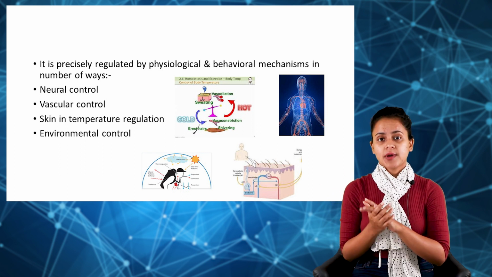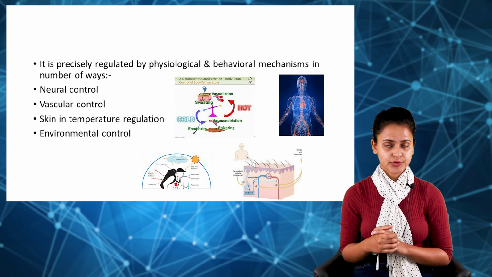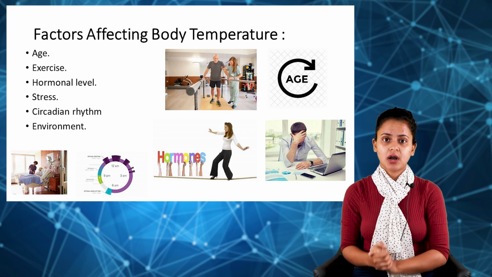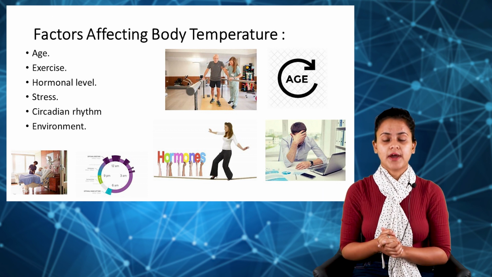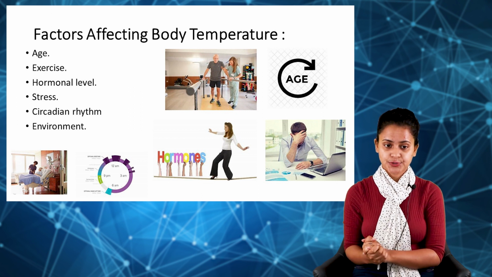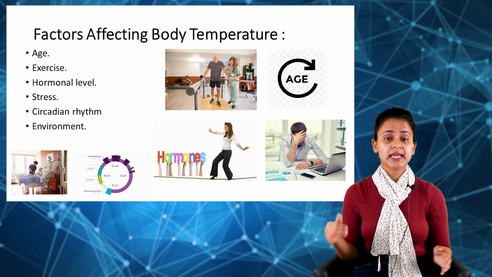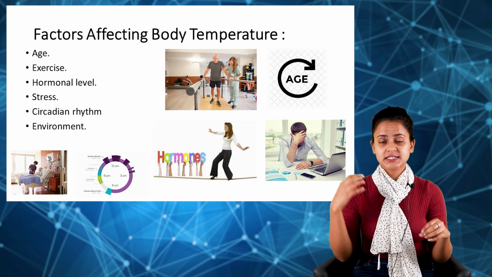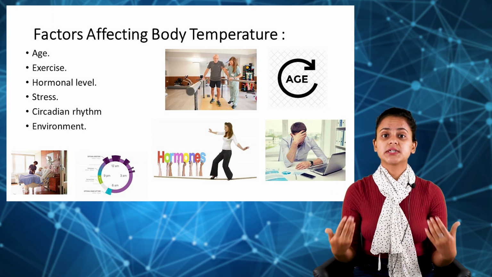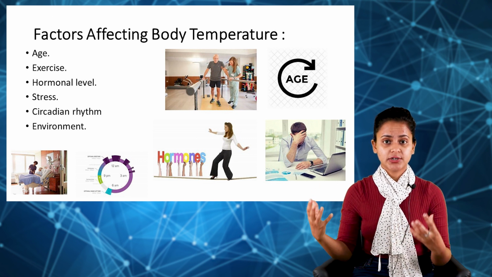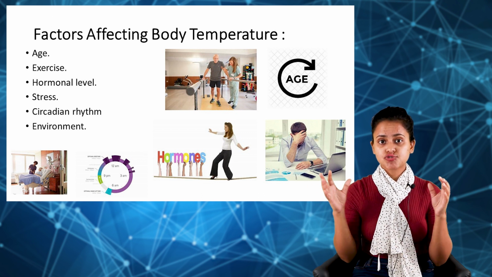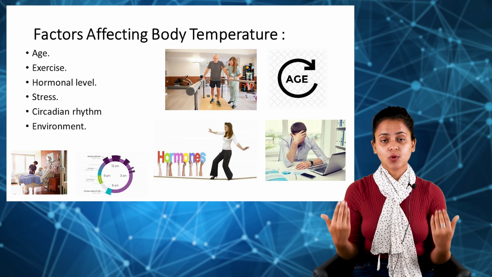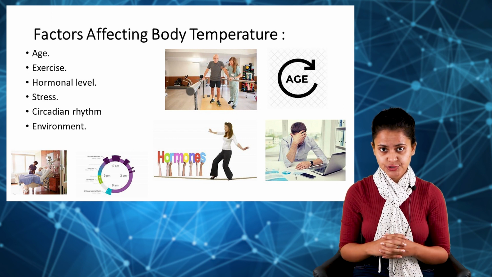So as we have learned about body temperature regulation, now you should learn about certain factors which are considered very common factors affecting the body temperature. It definitely includes the age of an individual, the pattern of exercise or activity they are having, the hormonal level of a particular individual, and stress or anxiety, if present, also affects body temperature regulation.